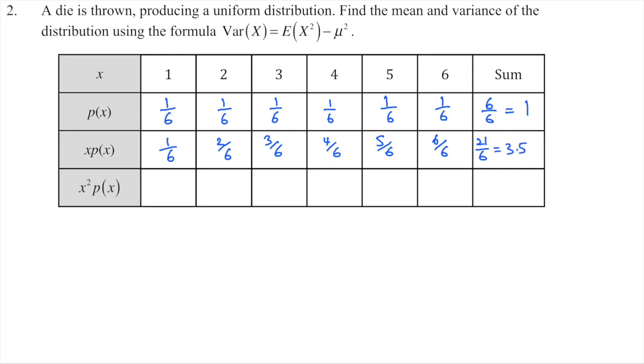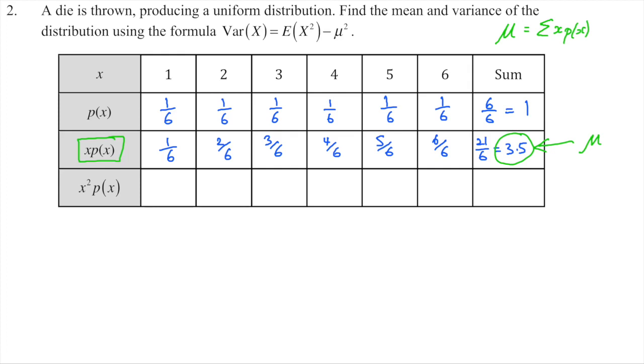And that is mu, because that comes from this part here. And remember, one of the formulas, mu is equal to the sum of x times p of x, and that is on your formula sheet.